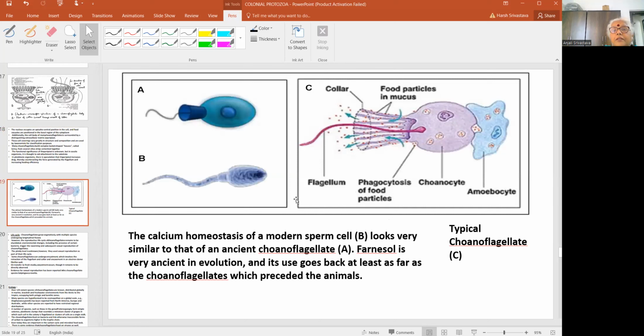Now, this is the evolutionary significance of a single choanoflagellate cell. Each single choanoflagellate cell, if you remember, resembles a collar cell or choanocyte of the Porifera, showing an evolutionary or phylogenetic significance that supports the flagellate hypothesis of the development of multicellular organisms.